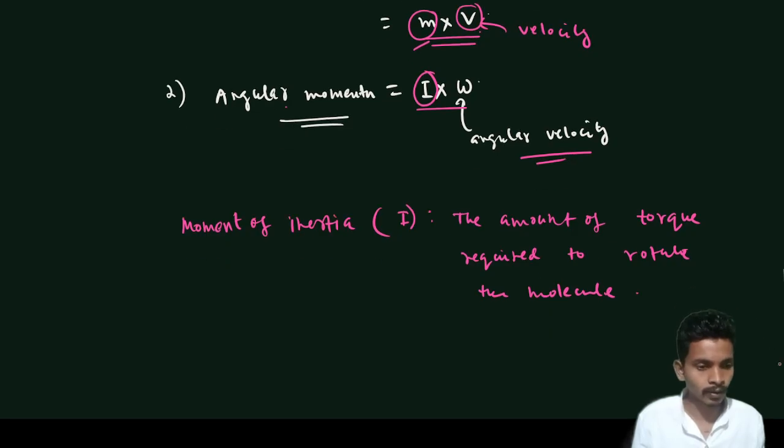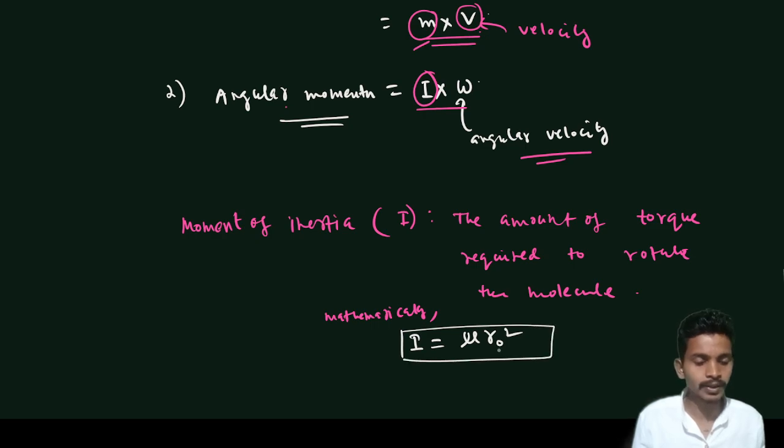So what is the formula of moment of inertia mathematically? I is equal to mass into, this is the reduced mass, into r naught square.